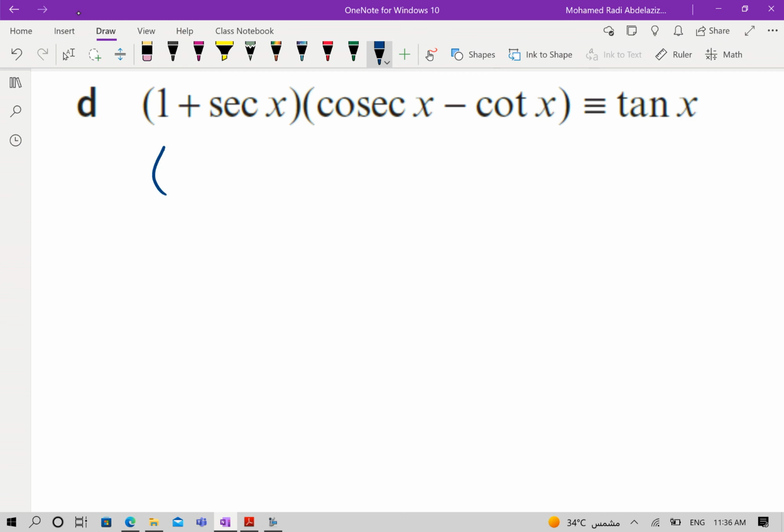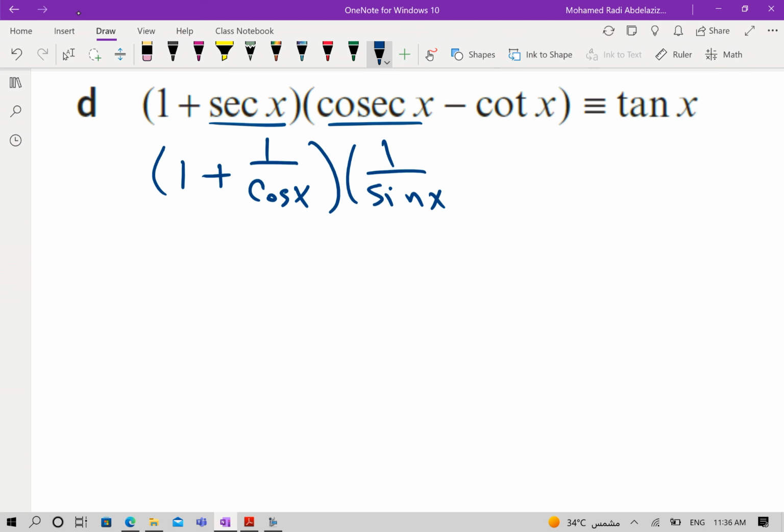Start with left hand side. 1 plus. Remove sec and write what? 1 over cosine. Remove cosec and write what? 1 over sine. Cotan is cosine over sine. You can expand and simplify first, or you can get the first bracket as a single fraction, the second one as a single fraction, and find their product.